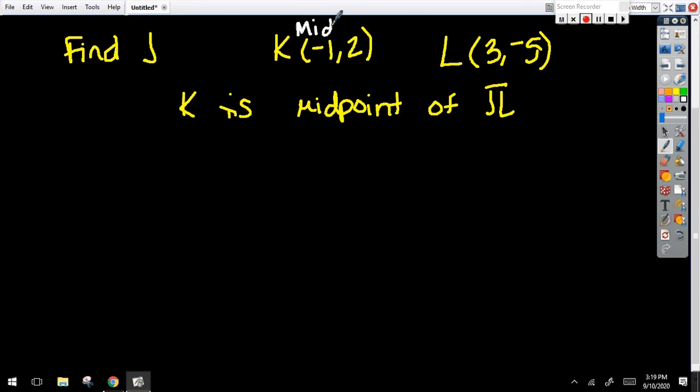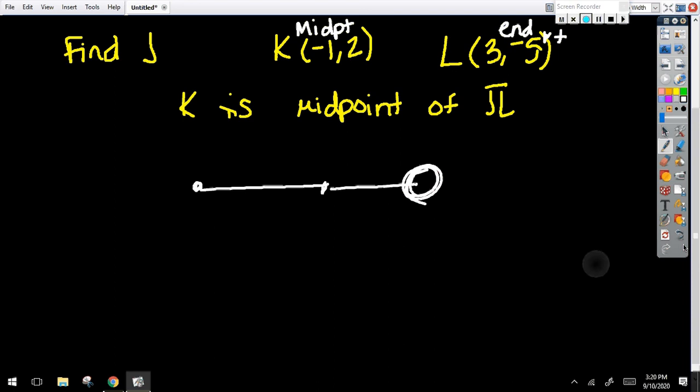So remember, I need to do the endpoint x plus the other endpoint x divided by 2, and then the y's. I probably shouldn't use an e. Let me change that here.